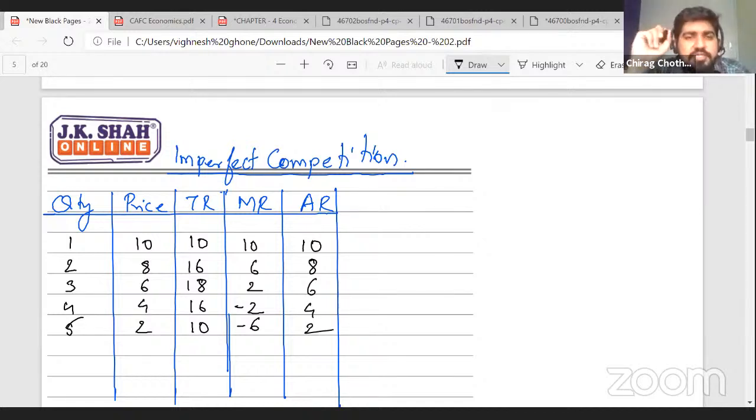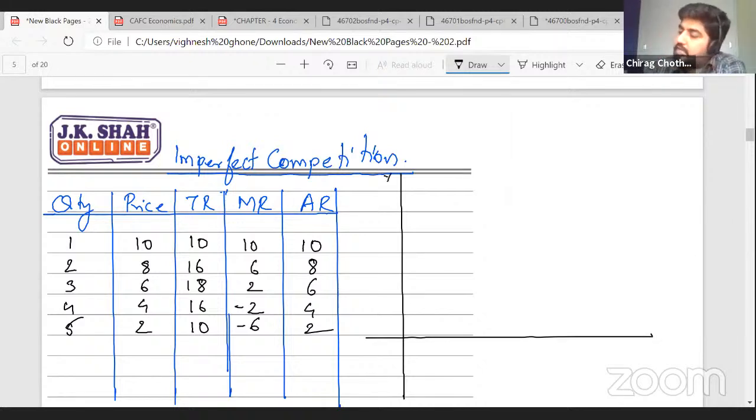Now if I want to show this case in the diagram, okay, how will my diagram look like? Okay, so let's begin. Right, so on y-axis we are going to plot TR, MR, and AR. On x-axis we are going to plot quantity, correct?